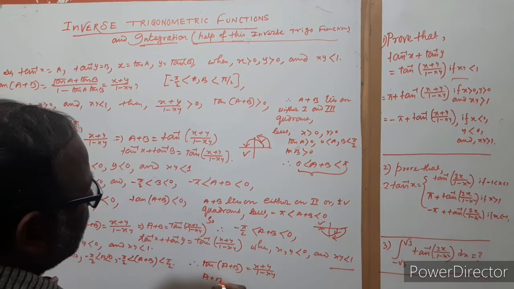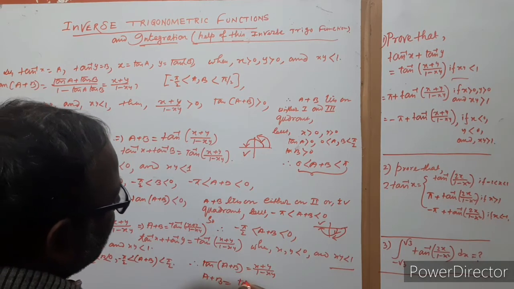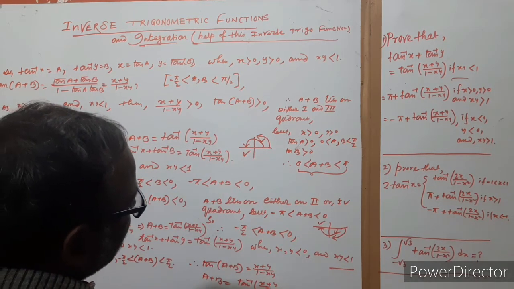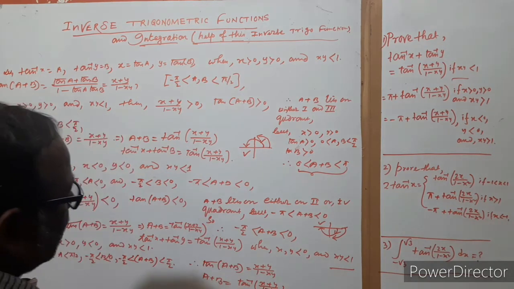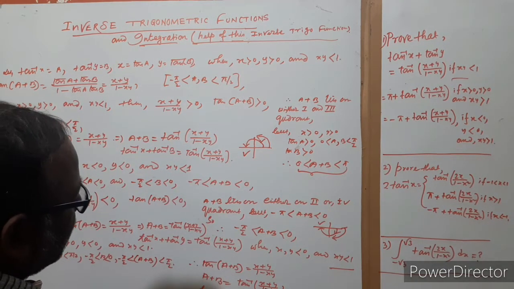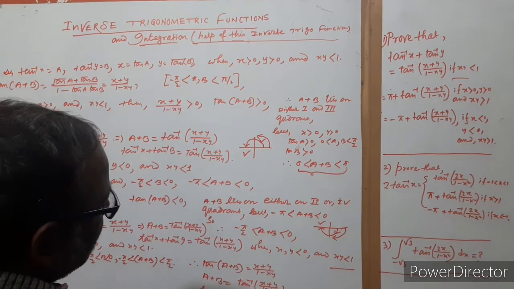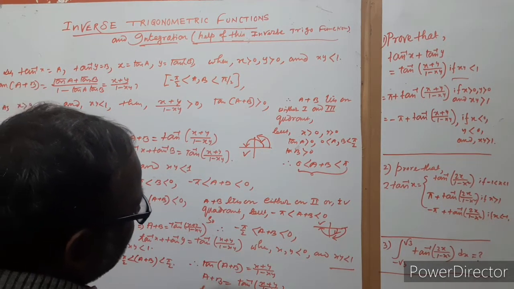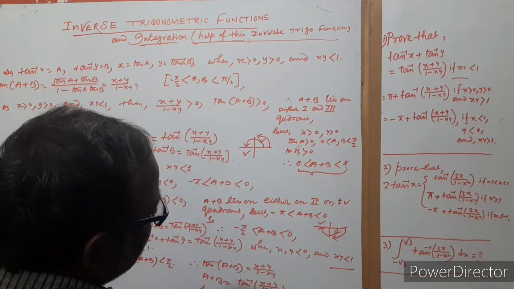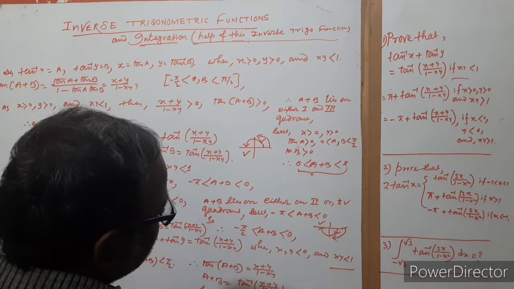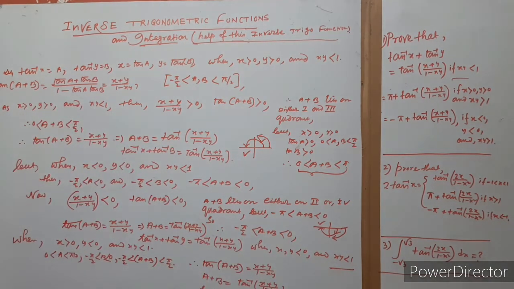Okay, a plus b is equal to x plus y by 1 minus xy, and that would be tan inverse x plus tan inverse y is equal to tan inverse of (x plus y by 1 minus xy). Okay, very interesting discussion. So after that we have to discuss another interval. See the calculation here, very interesting discussion.